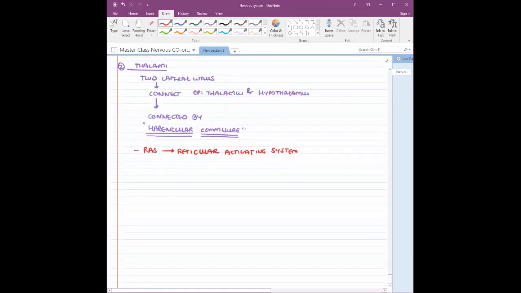But what is this reticular activating system going to do? Guys, this is going to connect all the parts of the brain. Basically, it connects the thalamus to all the parts of the brain.